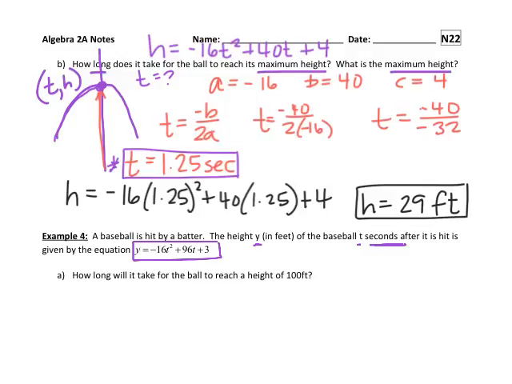So how long will it take for the ball to reach a height of 100 feet? Well, if the height is going to be in feet, that's going to be what you set y equal to. So I'm just going to give you a hint that 100 is going to equal negative 16t squared plus 96t plus 3. And I'd like you to use the quadratic formula to solve this.